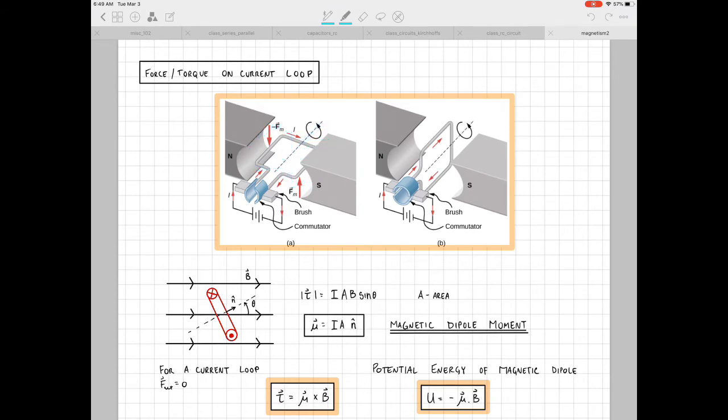Now, the force on this portion, at this exact moment, the force would be 0 because that current is parallel to the magnetic field. But you can imagine as it rotates, that'll no longer be completely parallel. And so that force, let's say it rotates 90 degrees, then the current is vertical, the magnetic field is horizontal, and so that, let's see, what direction would that be?